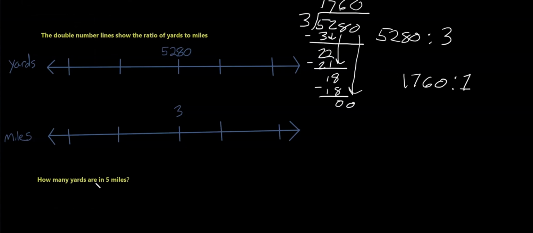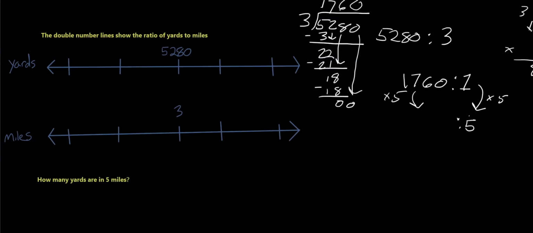Now the question is asking us to find 5 miles, so we can multiply this by 5. And that means we have to multiply the other part of the ratio by 5 as well. 1,760 times 5. 5 times 0 is 0. 5 times 6 is 30. 5 times 7 is 35, plus the 3 is 38.